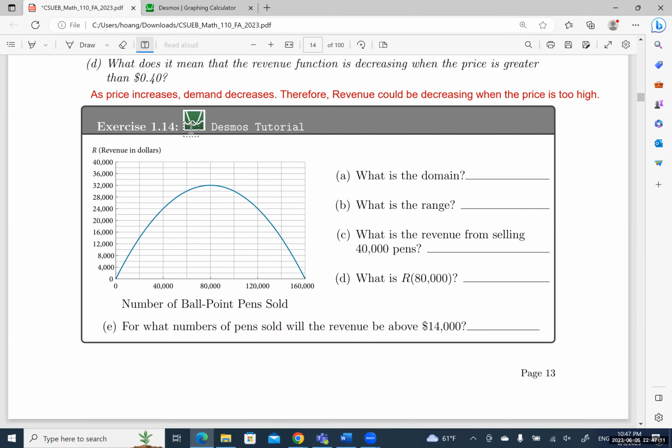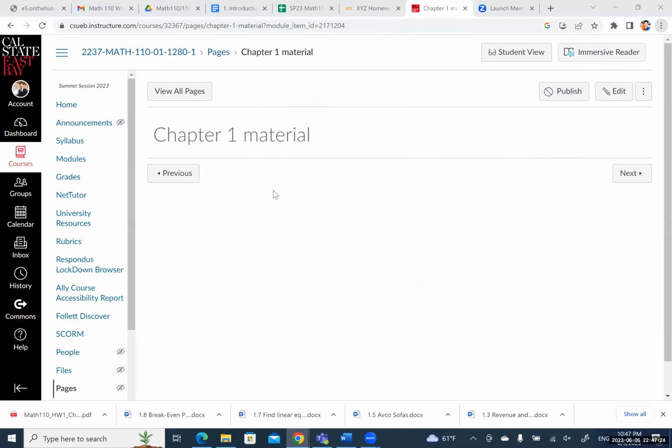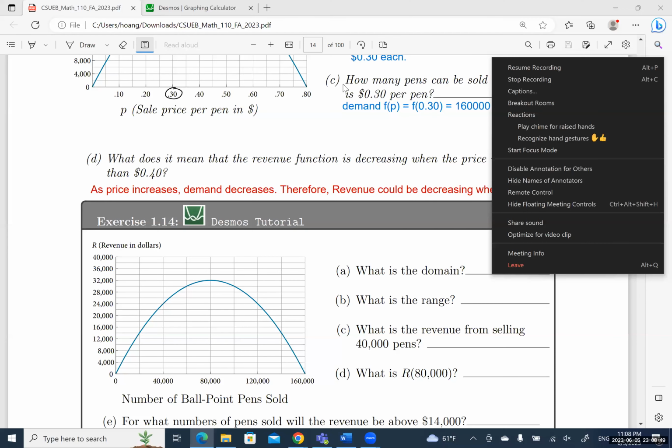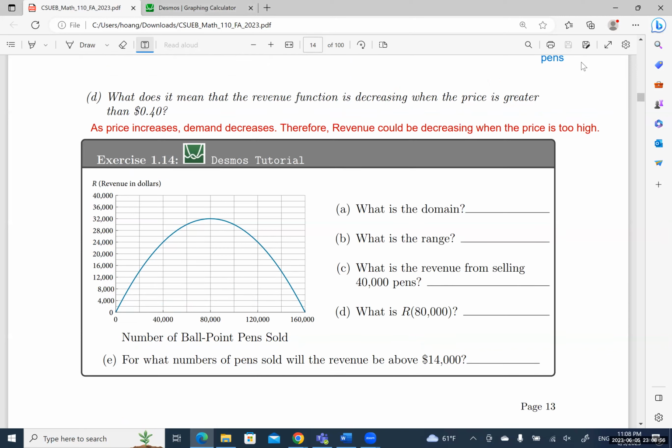Okay, this is exercise 1.14, and using Desmos is a tutorial that I have made. Let me open it first. For this exercise, I don't think that we have the function for it, so we don't want to use Desmos on this one. And I would say we don't really need it since we do have the graph here.